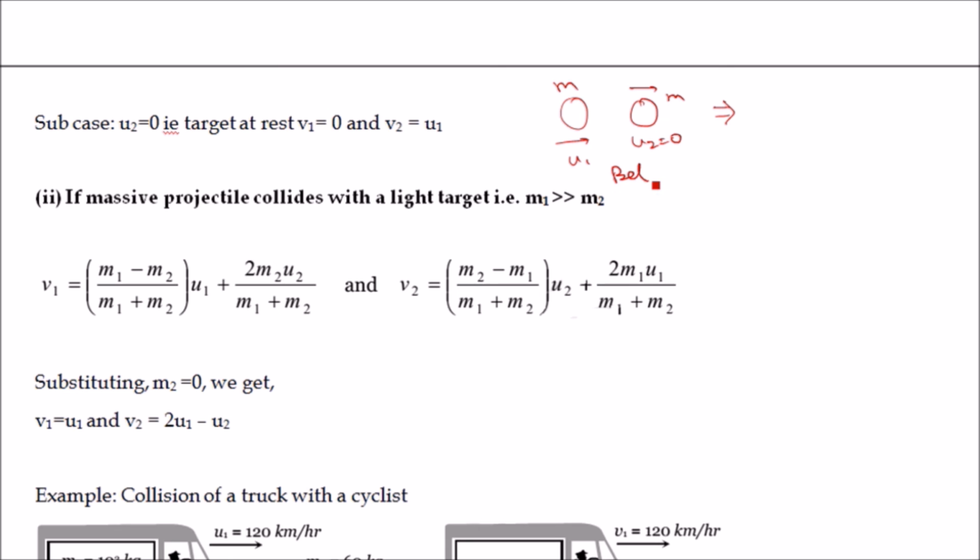This is the case before collision, and after the collision, suppose it's body A and body B, both having mass m, this body A comes to rest. So here velocity v1 is equal to 0 for this body A, and this body B which was at rest earlier will start moving with a velocity u1.